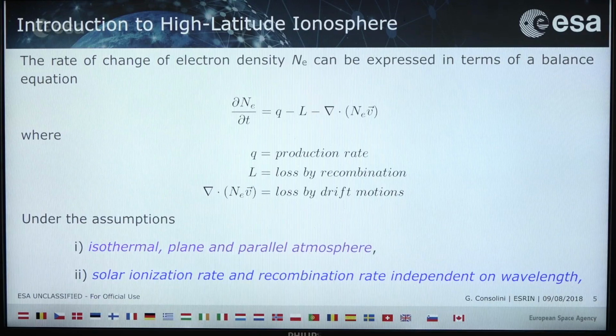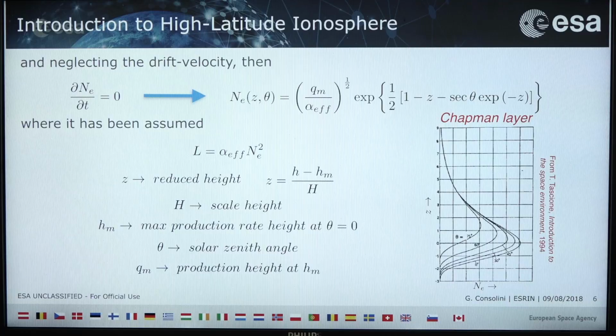And if we consider a very simple atmosphere, so an isothermal, plane and parallel atmosphere, and we consider the solar ionization rate and the recombination rate independent of the wavelength, we can construct a model, neglecting the drift velocity, in which we can imagine the profile in height of an ionospheric species.